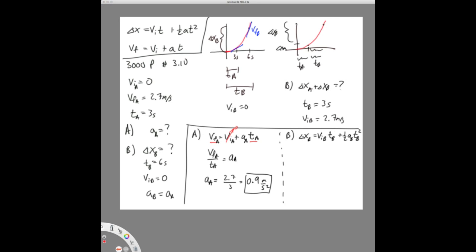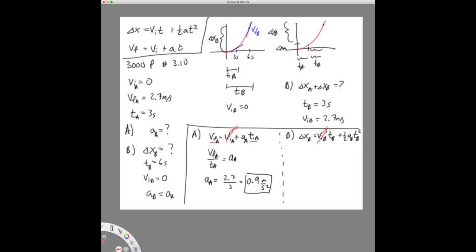And then we check, do we know everything we need to know? Do we know the initial for B? And again, I don't want to look back at the English and try to figure this out. It's a bad losing strategy. I want to look at my math sentences. It's very easy. Okay, VIB equals 0.